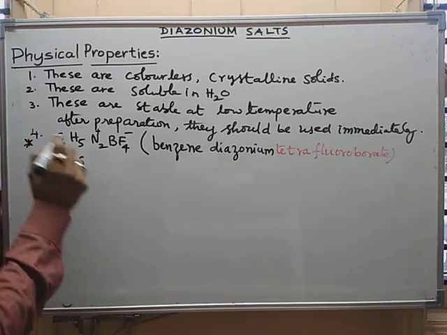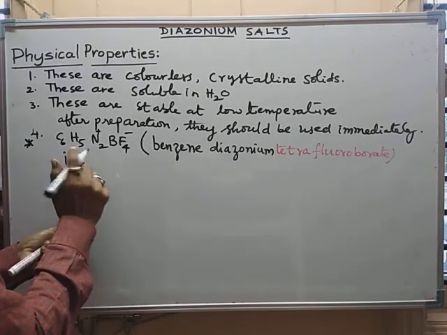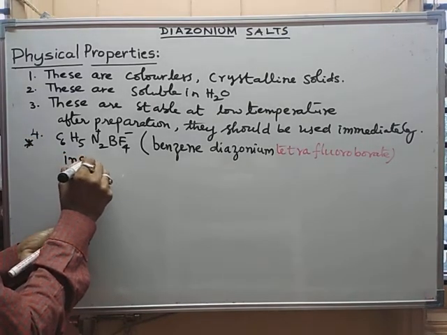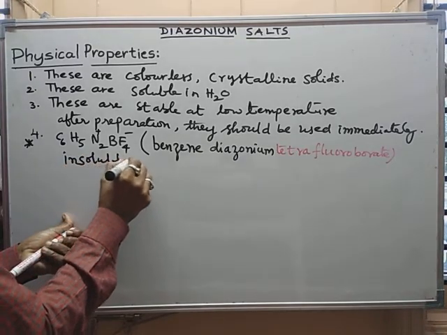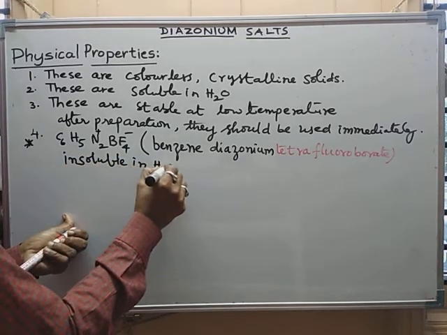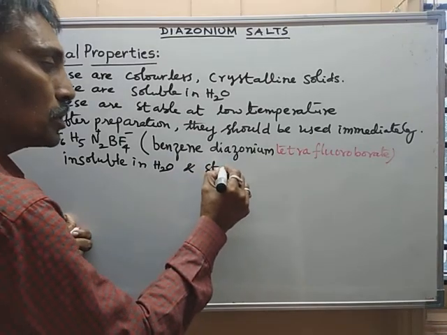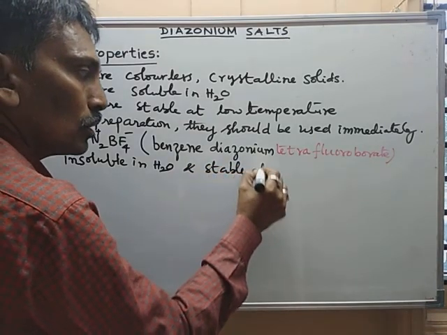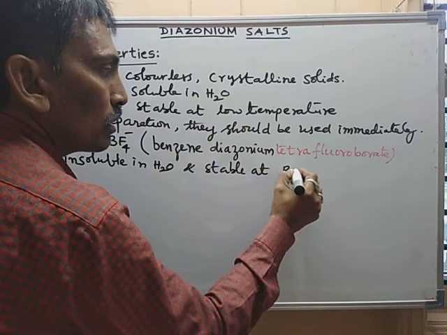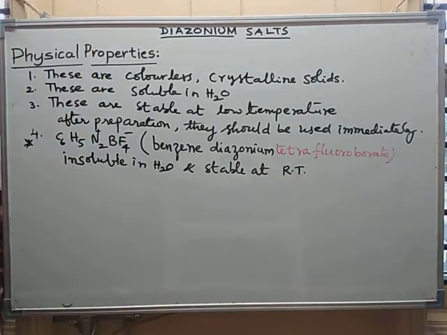This is the key point. Insoluble in water and stable at room temperature. Okay, that is the end of physical properties. Next, we will continue chemical properties of diazonium salt, an important area towards discussions.